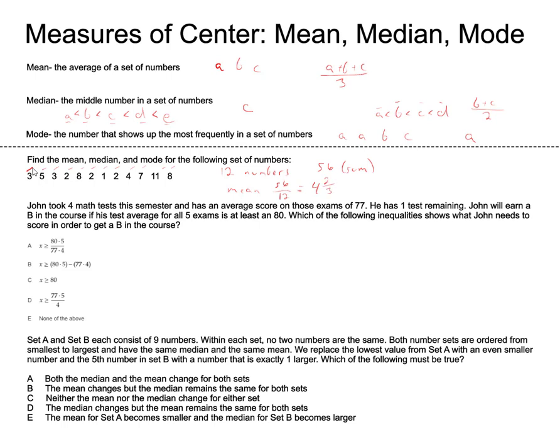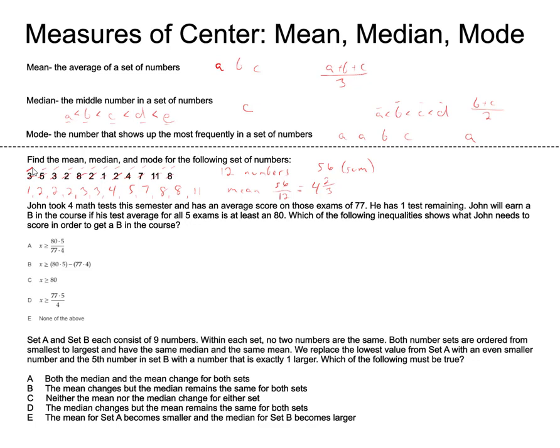For the median and the mode, it will be helpful to put these numbers in order from smallest to largest. So we have 1, 2, 2, and 2. So I'll put those in order here. We have 2 3s and a 4. Then we have a 5, a 7, 2 8s, and an 11.